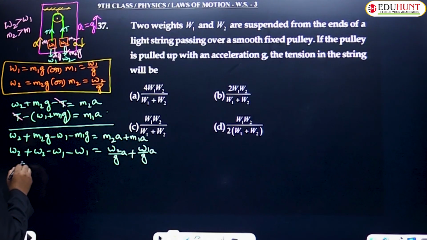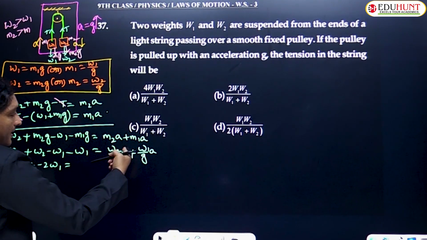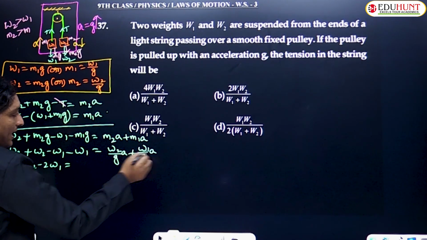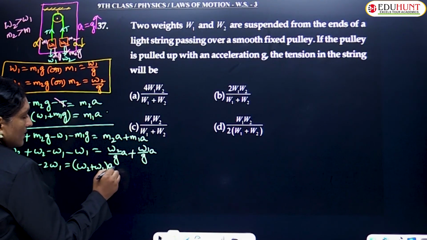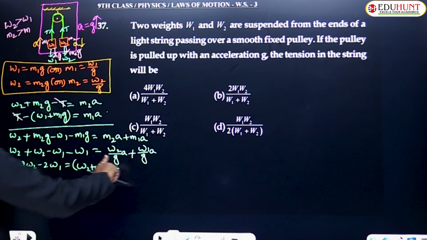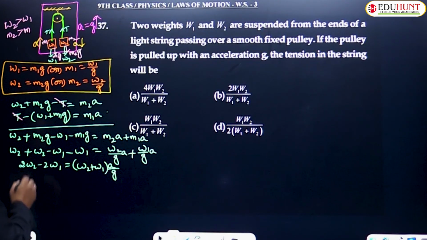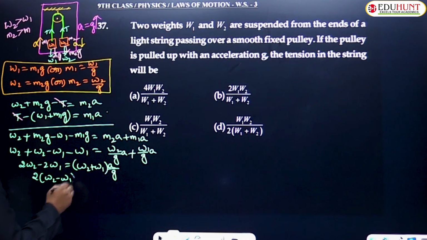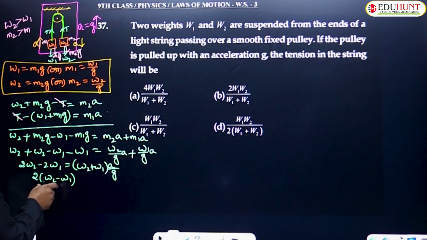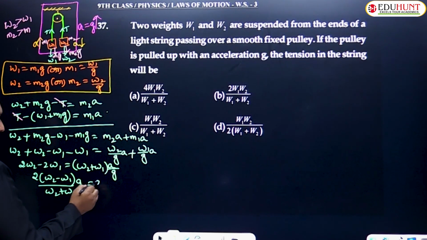So W2 plus W2 is 2W2 minus 2W1 equals, here A, here A, G, G. So A by G is common to both, so W2 plus W1 into A by G. I have taken out A by G as common. Here also I can take out 2 as common.